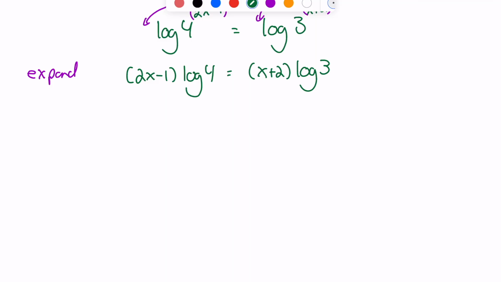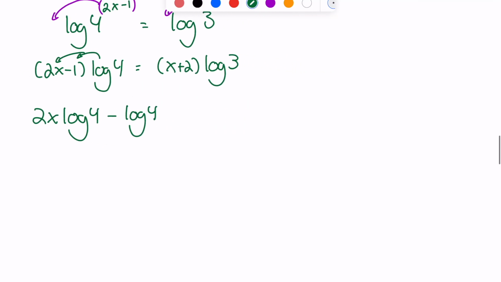If I expand that log 4 into both terms on my left side, I will end up with 2x log 4 minus log 4. And then I would expand also on the right-hand side. I'm going to take that log 3 and multiply that x, so that's x log 3. And I also need to multiply that 2, so that's plus 2 log 3.